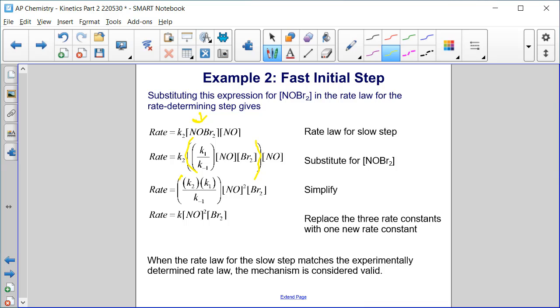So I've combined all these rate constants, K2, K1 over K minus 1, into one new rate constant, K. And then I have NO times NO, so NO squared, and then the concentration of Br2. When the rate law for the slow step matches the experimentally determined rate law, the mechanism is considered valid.